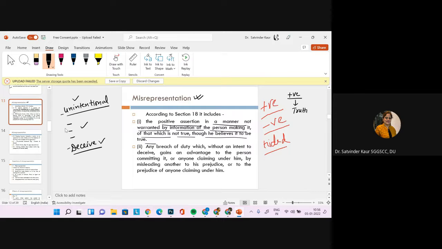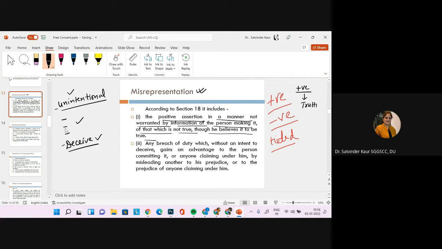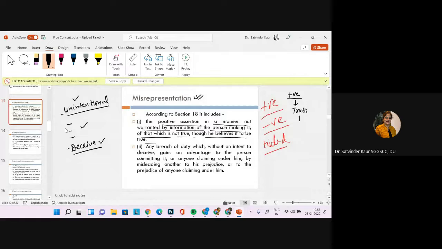So it is not warranted by the information, it's not backed up by the facts and figures, but you have made the statement believing it true.